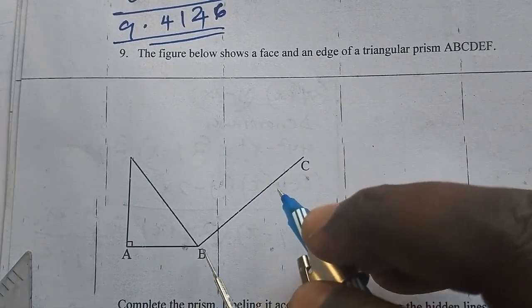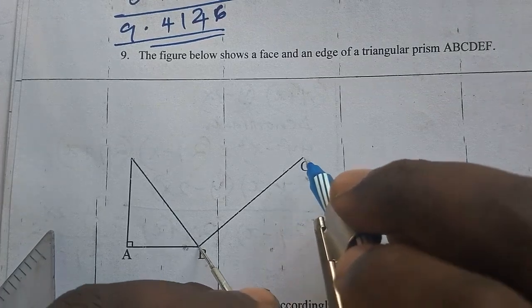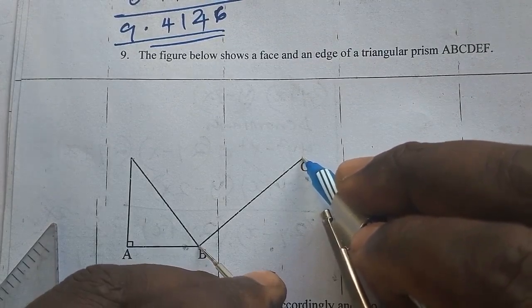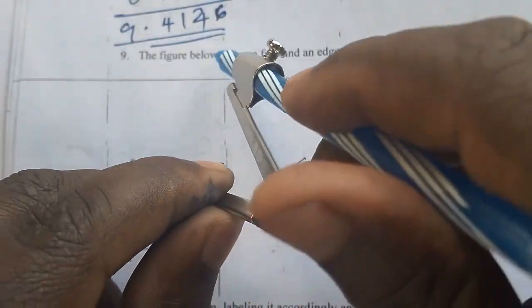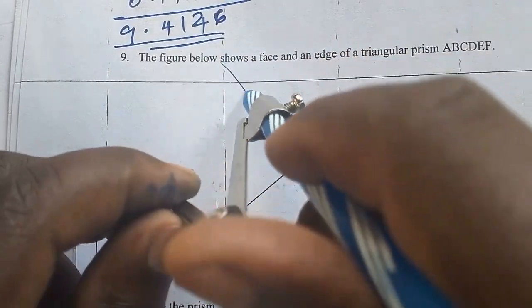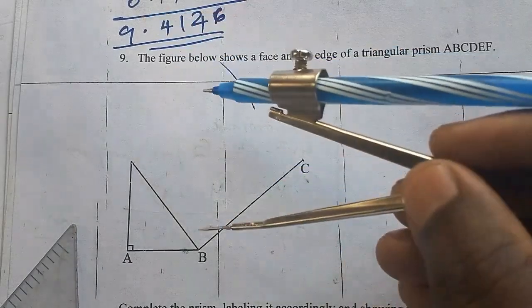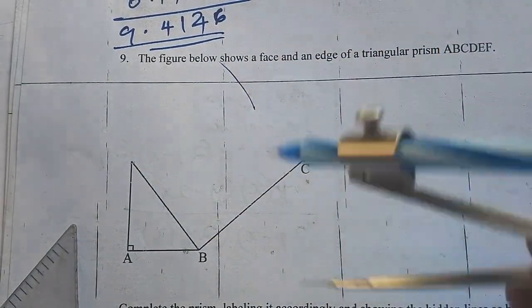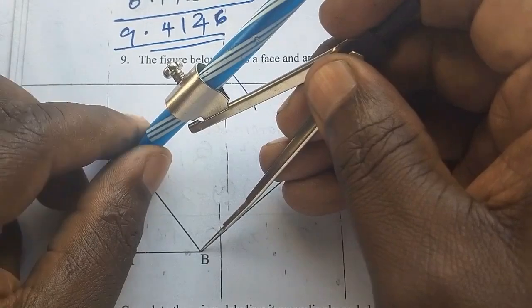Stand here with your pair of compasses, like this, measure this distance up to here, right? This distance will be exactly from here to somewhere we don't know, just mark, like that, right? We know that this length from here up to here will be exactly the same from here up to here. Therefore, measure this distance here with your pair of compasses, like this.